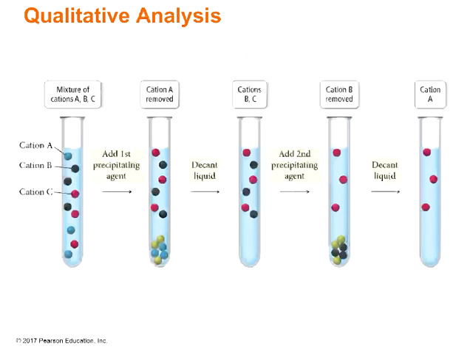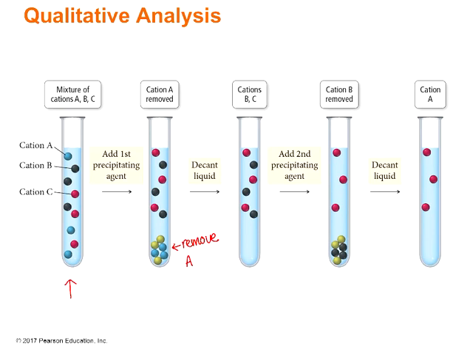So let's say we start with a mixture of different cations, and we'll label them A, B, and C. And A is represented by blue spheres, B is represented by black spheres, and C is represented by red spheres. And let's say we add our first precipitating agent, and it only reacts with cation A. So we're going to remove A through this process.